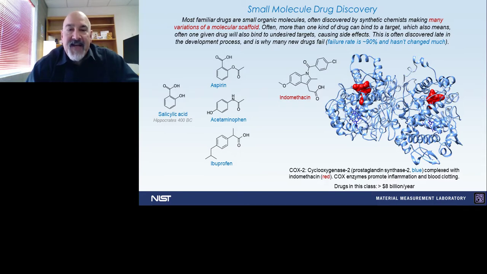This protein catalyzes creation of prostaglandins that promote inflammation and thromboxanes that promote blood clotting. So if you can find a small molecule that will interfere with this protein, you can prevent blood clotting and prevent inflammation responses. And that's how meds like aspirin work.